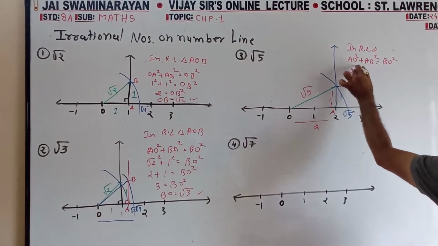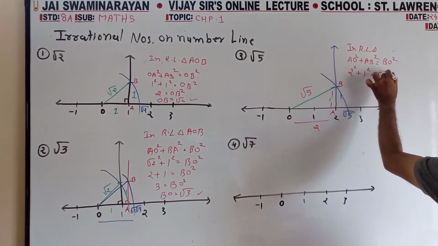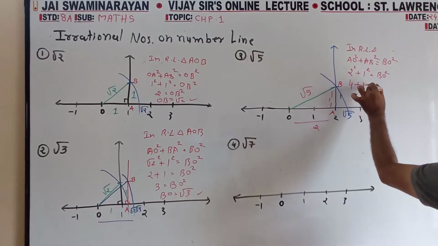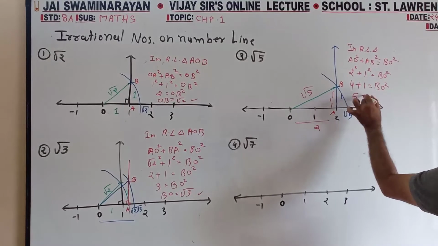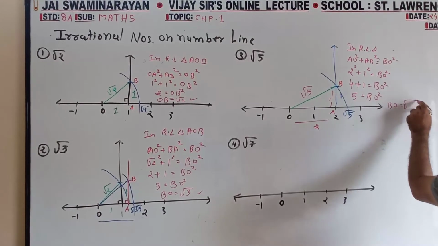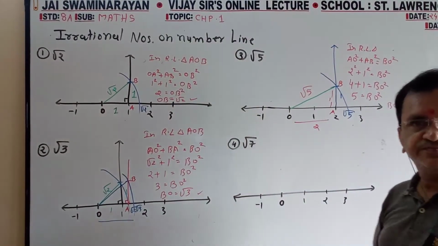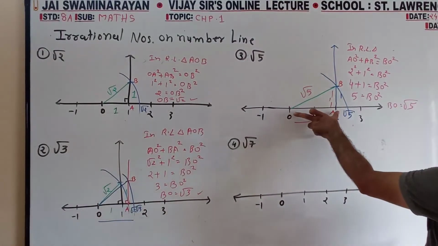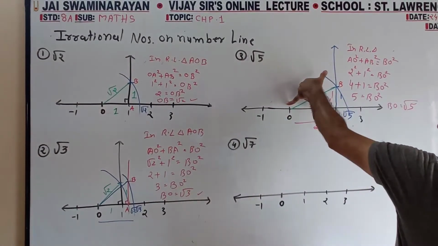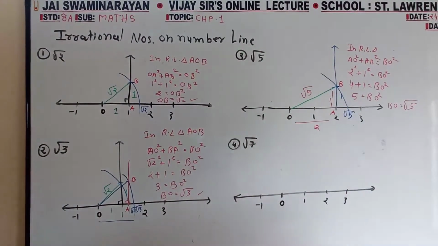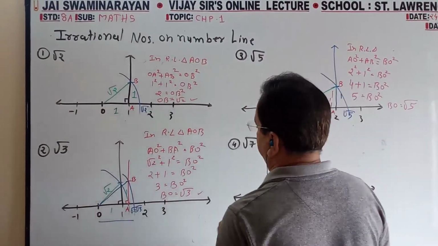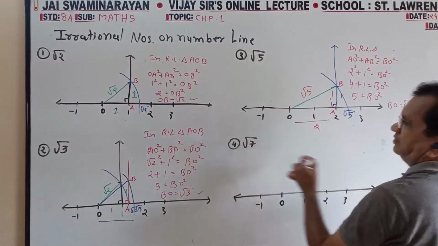How? 2 square, 1 square, BO square. 4 plus 1 is 5, BO square, square root. So BO is equal to root 5. This is it. Again, 2 units, 1 unit, join, metal point, pencil point, cut the line, root 5. Then you have to show this triangle, right angle triangle. These are all right angle triangles, 90 degrees drawn.